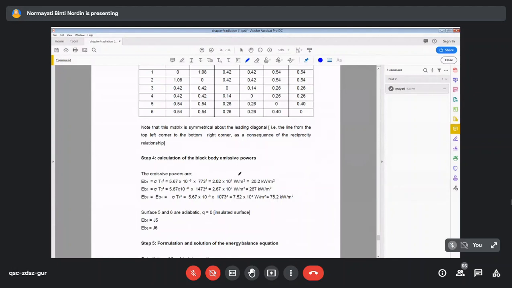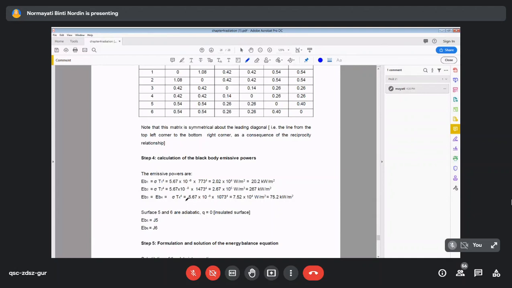Kalau lah surface yang you pertimbangkan tu diberi ataupun you ada maklumat berkaitan nilai suhu, so you can simply calculate the black body emissive power for that particular surface using this formulation, which is sigma times temperature to the power of 4. So this is how you gonna calculate the black body emissive power if the surface temperature is known lah, diketahui nilai suhu.